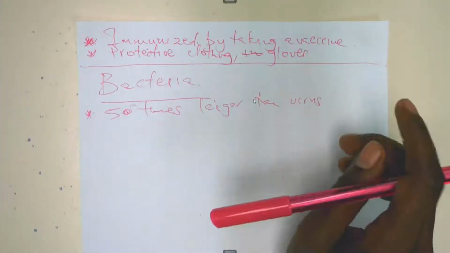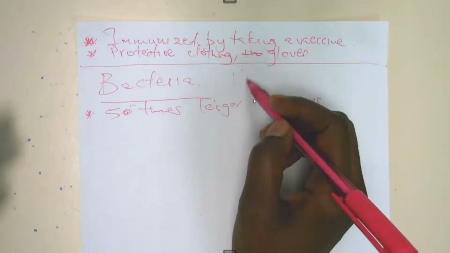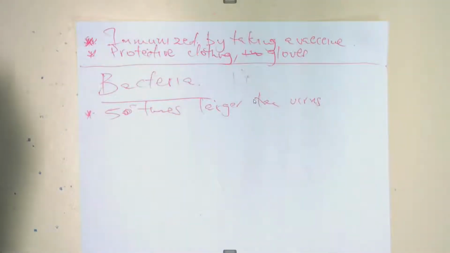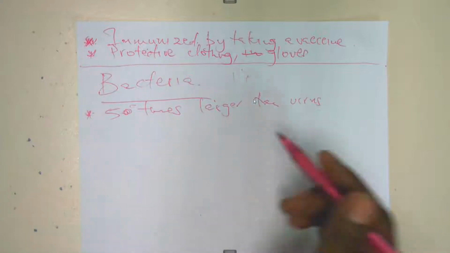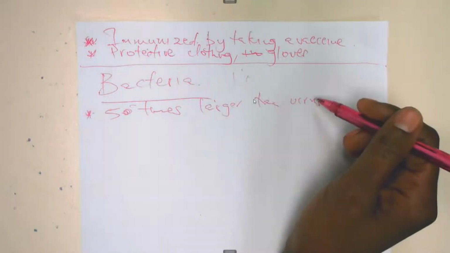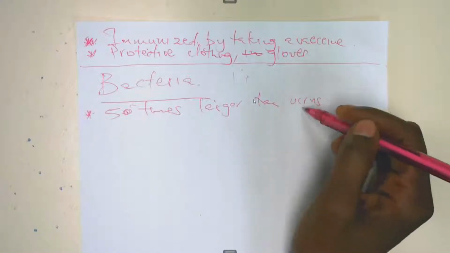So you remember that with viruses, we have said that they have characteristics of both living and non-living organisms. So bacteria are living, and they are still regarded as the smallest known living organisms.